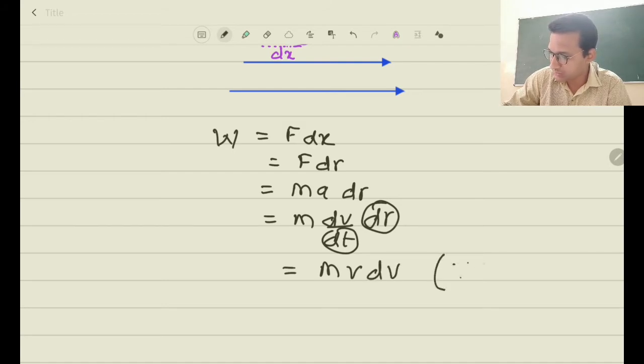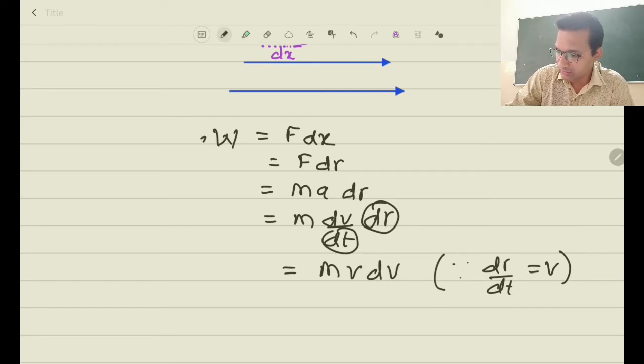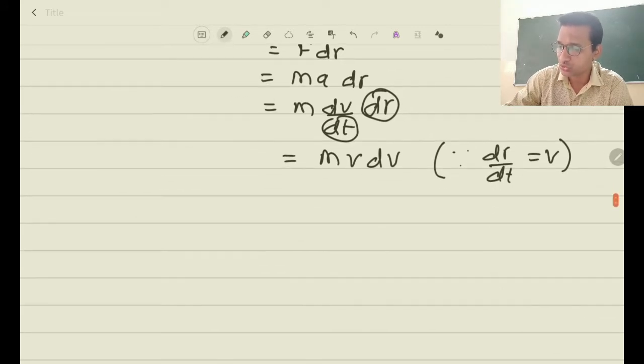What we have done, we have substituted dr by dt is equal to v, that is velocity. Now this work will be a small amount of work. So to get the total work done, we will have to integrate on both sides.